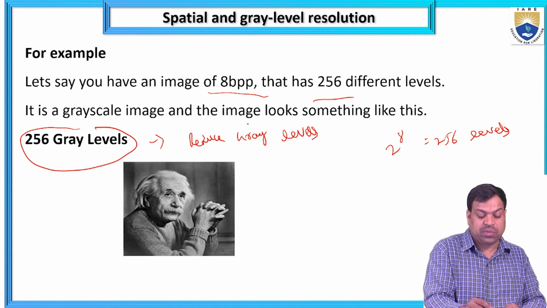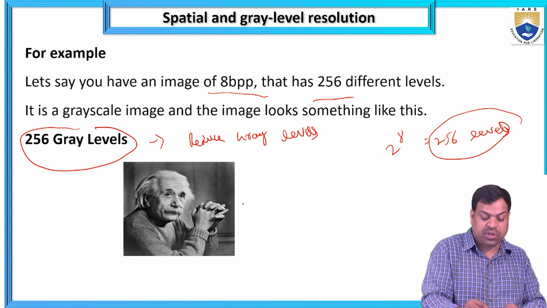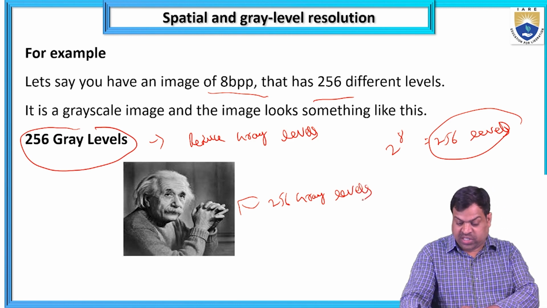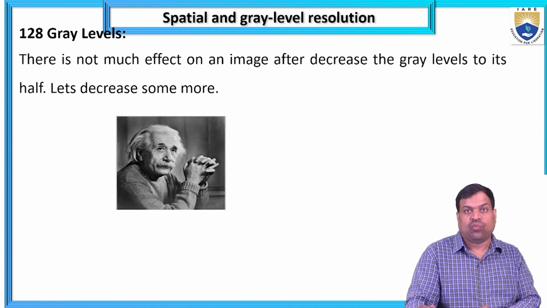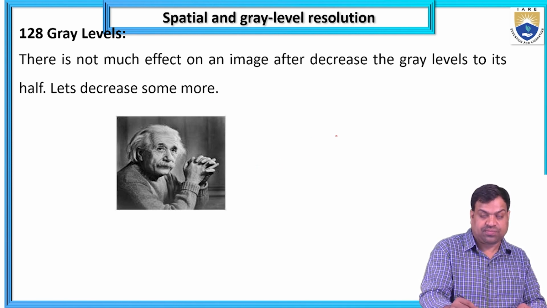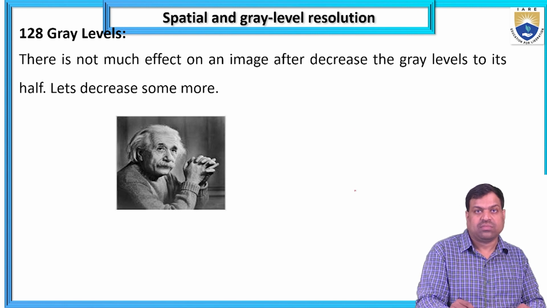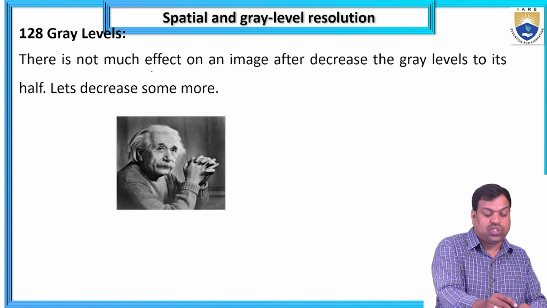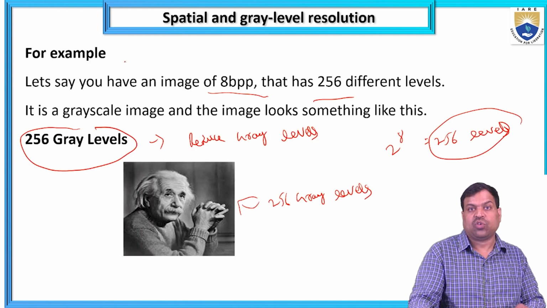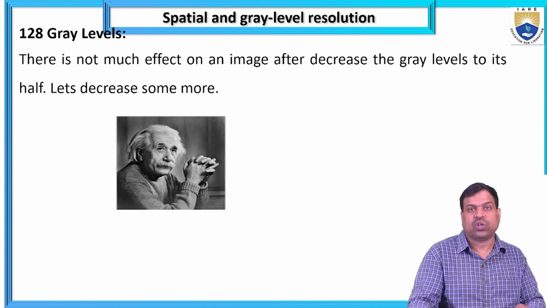The grayscale image looks something like this. Suppose the 256 gray level image is showing like this. The next image I am taking as 128 gray levels. So 128 is 50%. I am reducing 256 to 128.